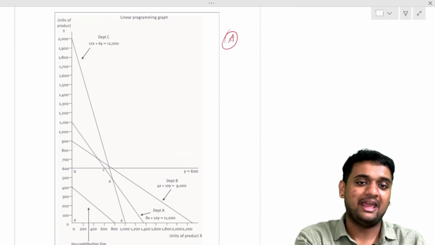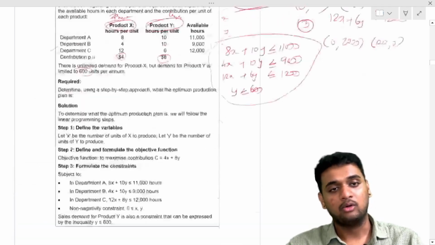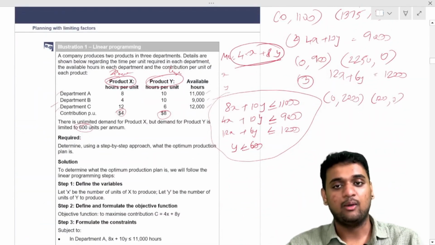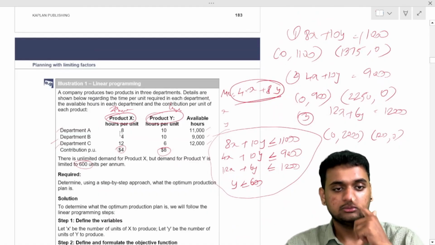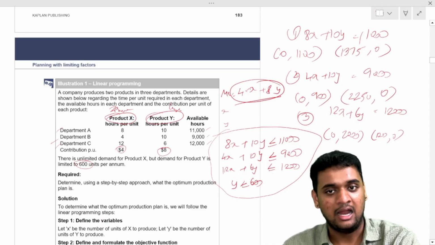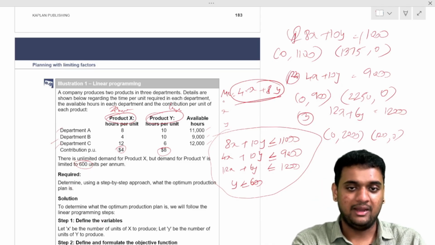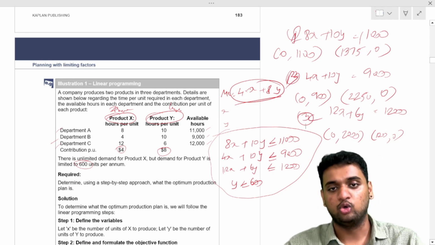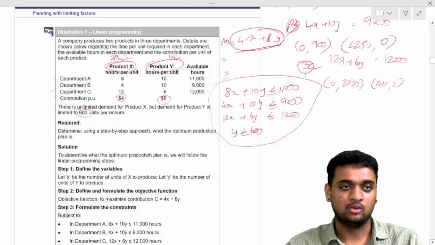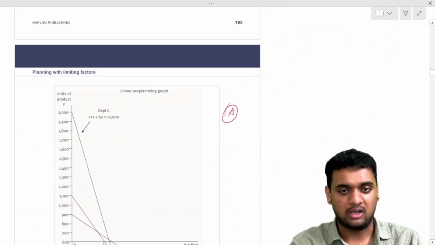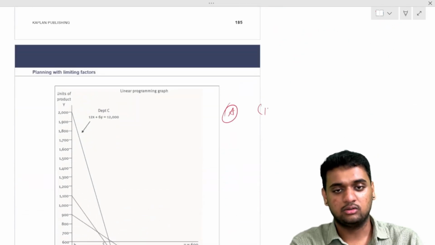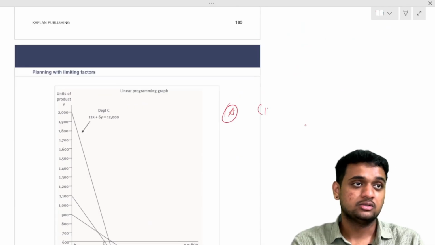Department A, come above and tell. What are the 2 points we found out? 0, 1100 and 1375, 0. This is the department A line. Then the department B line, the department C line.